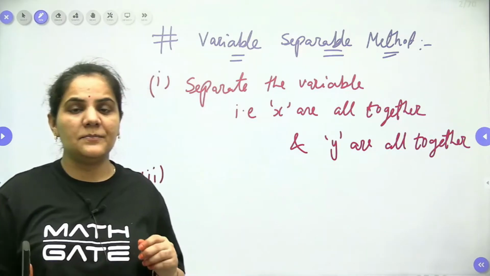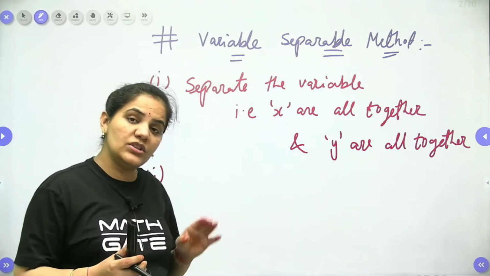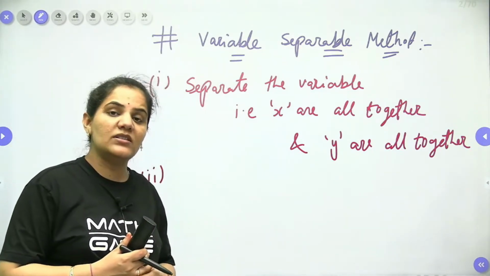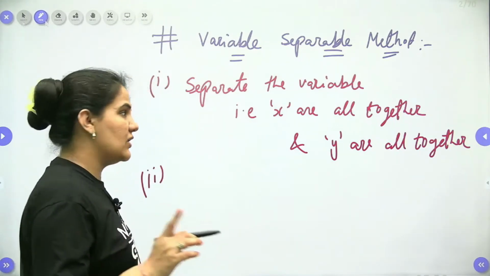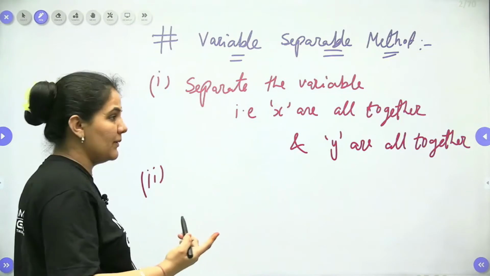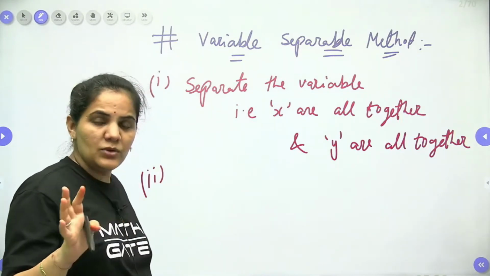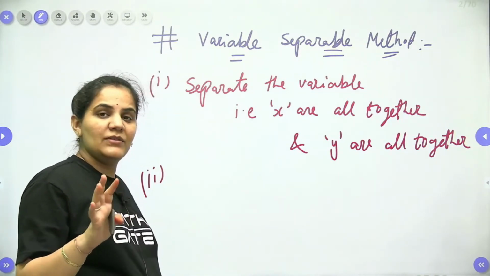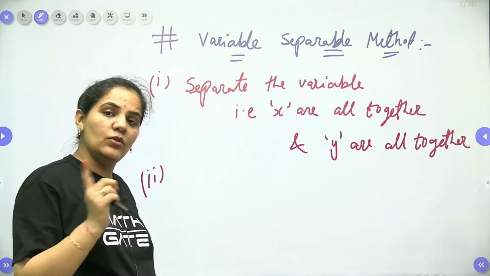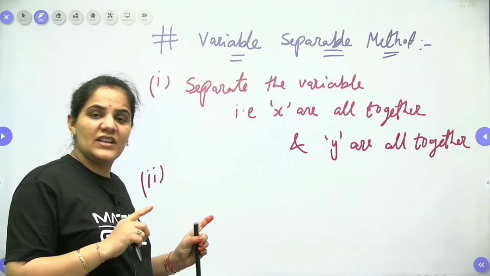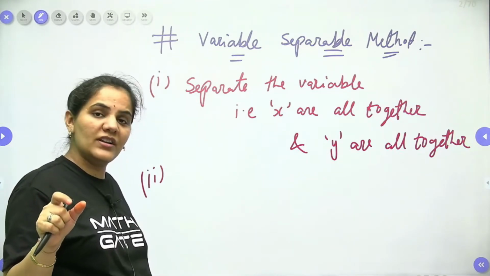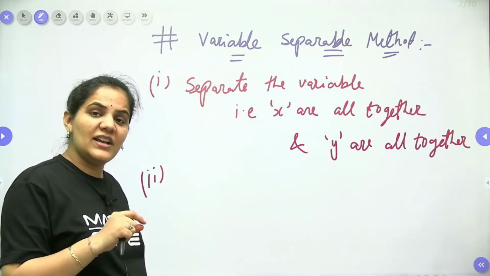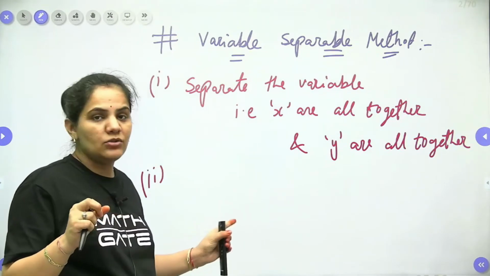Integration will definitely help you here, and those tricks which we learned in integral calculus are definitely needed here. So you should know integration before proceeding to the variable separable method. If you are still not clear on integral calculus, then go to that lecture and take a quick revision, because all those 5 or 6 short tricks which I already told you in integral calculus should be useful here.